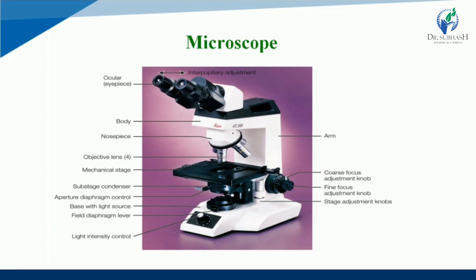So coarse focus adjustment knob is useful to see the coarse particle. While objects are too small, during that time fine focus adjustment knob is used. We will discuss the role of each part.